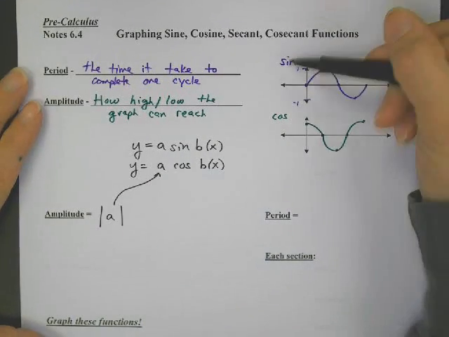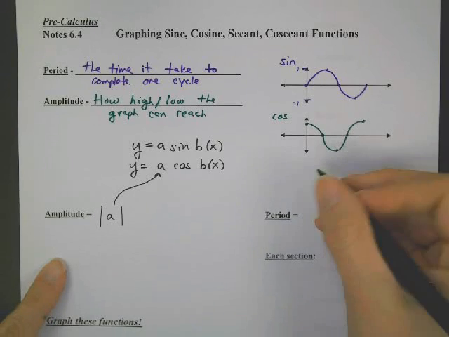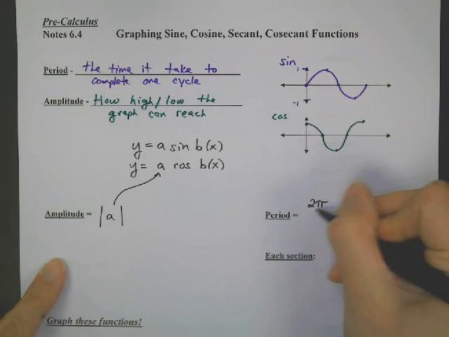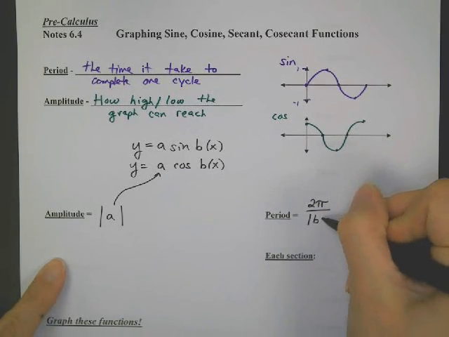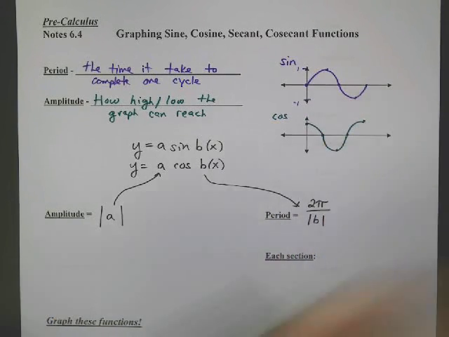If you don't see a number, it would just be 1, so it reaches up to 1 and down to -1. The formula for period is 2 pi divided by the absolute value of b. That b value right there in front of the x is what affects the period. This is something very important.